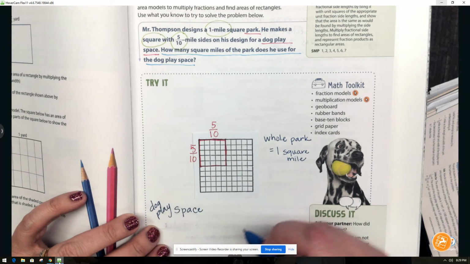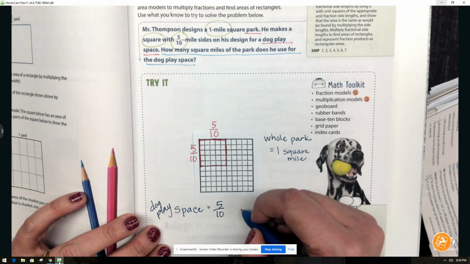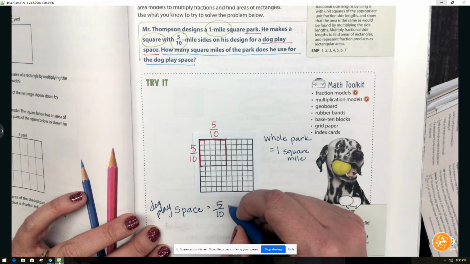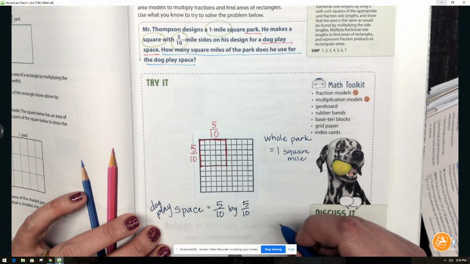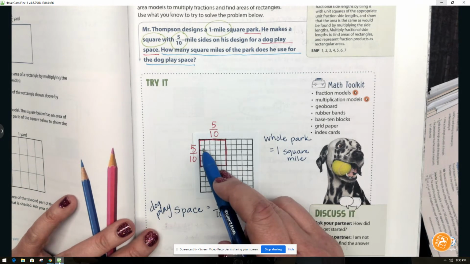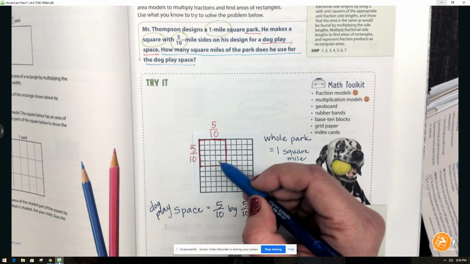The dog play space is 5/10 of a mile by 5/10 of a mile.